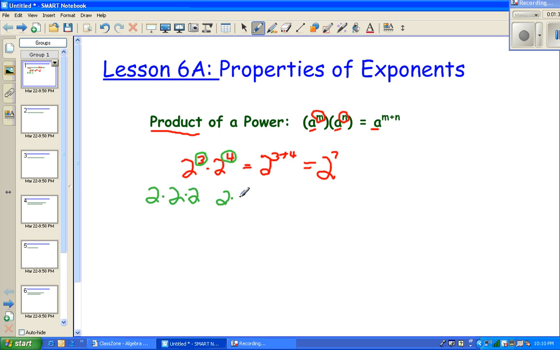So it's 2 times 2 times 2 times 2. So 2 cubed times 2 to the 4th is a total of 1, 2, 3, 4, 5, 6, 7 2s. So that's why product of a power: keep the base, add the exponents.